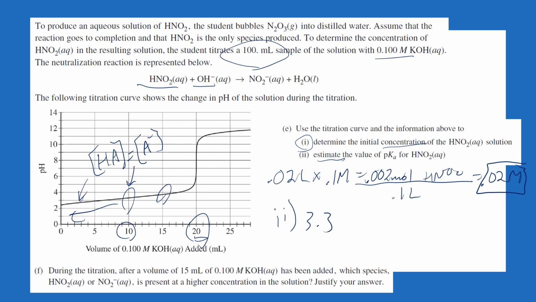Past that point, but before equivalence point, you're going to have more of the conjugate base. So for F here, you would say NO2 negative is present at a higher concentration because it's past the half equivalence point. And the pH is higher than it is at the half equivalence point, or higher than the pKa, indicating that you have more of the conjugate base present.